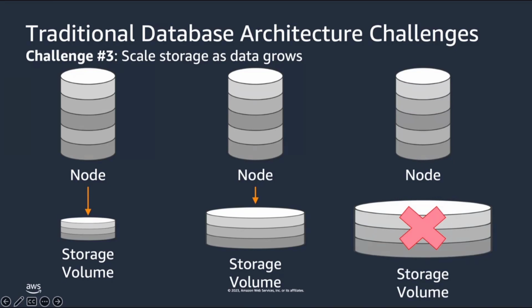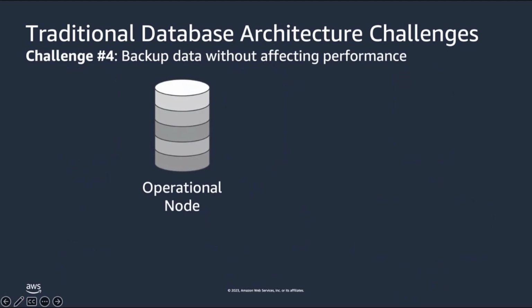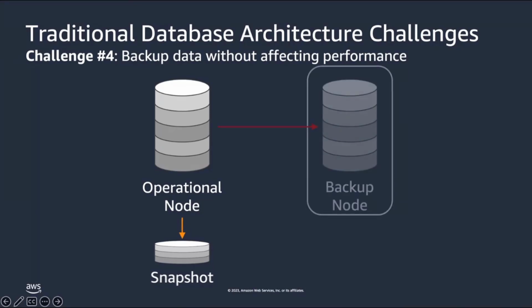And then the fourth challenge is around backing up your data. You need to have backups of your data, but how can you do this without affecting performance? A common approach is to use one of the operational nodes to create snapshots or backups of the data, but this can affect the performance of that node. Again, resources that could be handling client reads and writes are now being used to back up data.